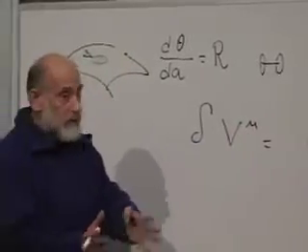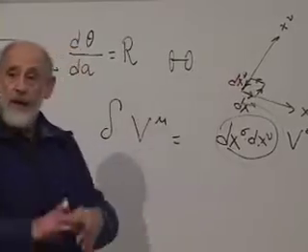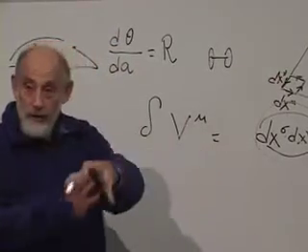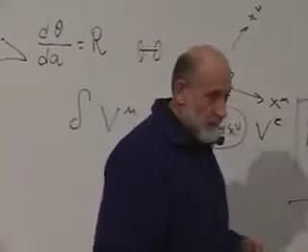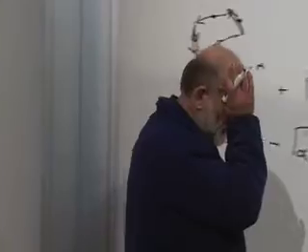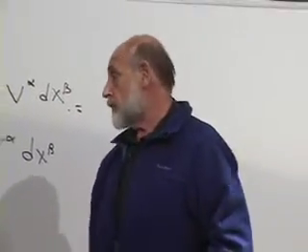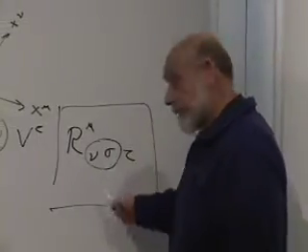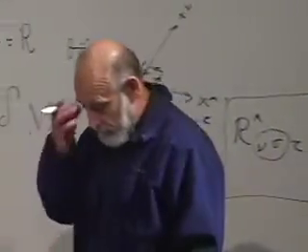So two of the indices have to do with the directions in space that you go around, and the other two have to do with the vector itself and tell you how it changes. All right? So that's the pattern. That's what a curvature tensor is. It's the general definition of the curvature tensor.